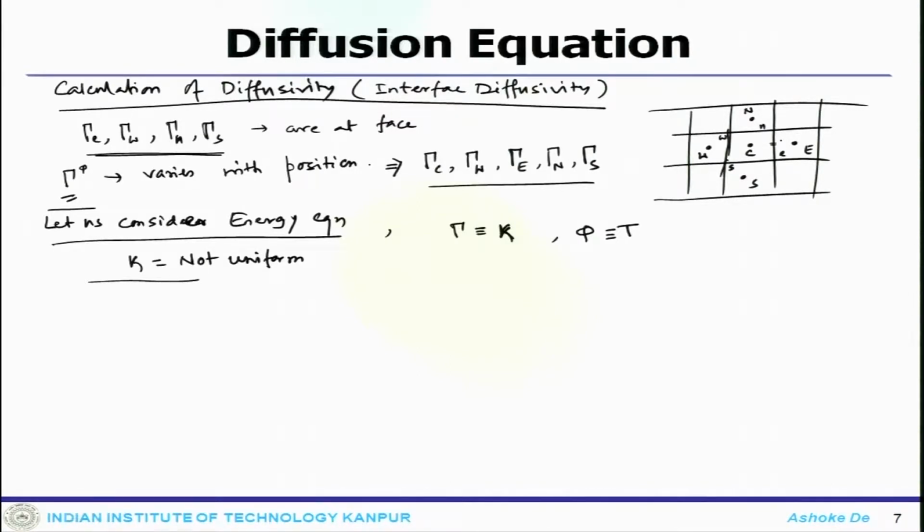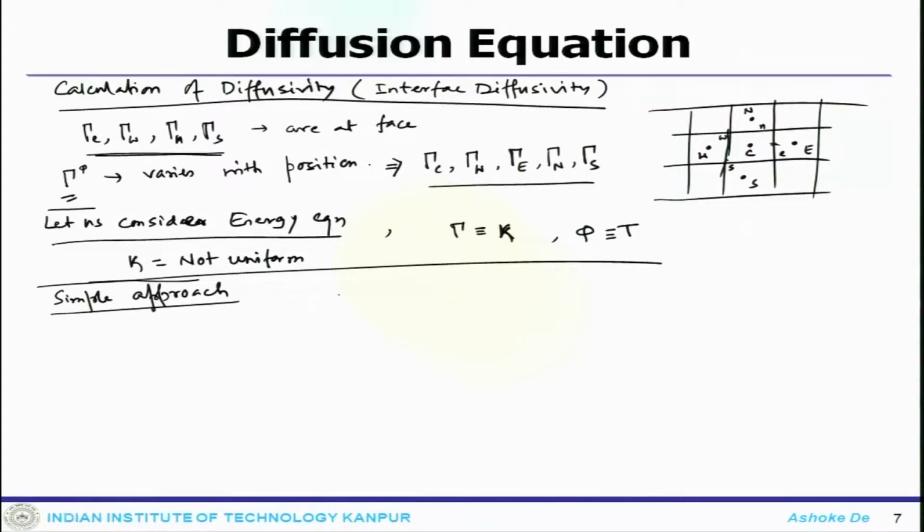As long as the material is homogeneous, there is no problem, but if it is not, one can think of a very simple approach. Using the values of gamma at cell centers C and E, one can get an estimate at face E by some sort of arithmetic mean.